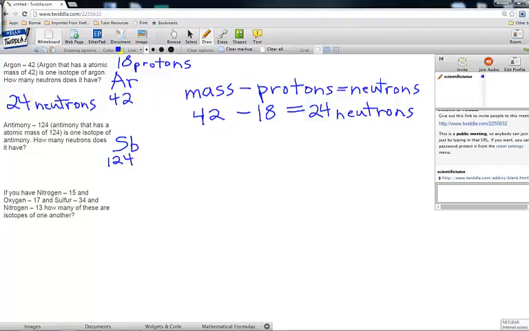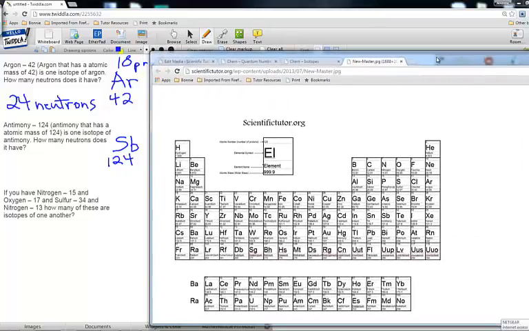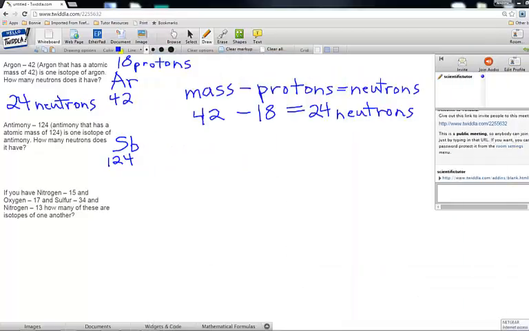If we look at the periodic table, antimony is right here. The top number is 51. That's the number of protons it has. 51 protons.